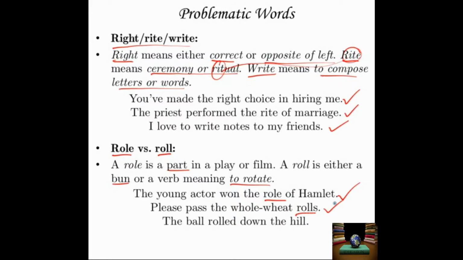Well, there we're talking about the bread buns. And the ball rolled down the hill. Obviously, there we're talking about rotation. Just remember, if you're talking about something that is in some way round, like the bun or anything that can roll, then you need just the O, no E. The fancy silent E is for actors who tend to be sort of fancy.